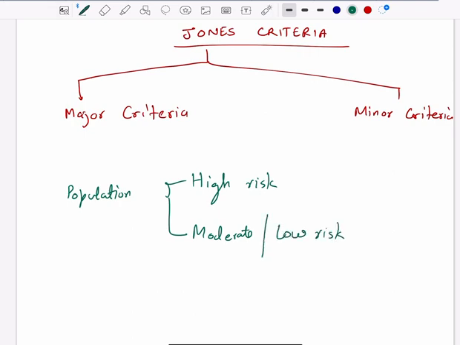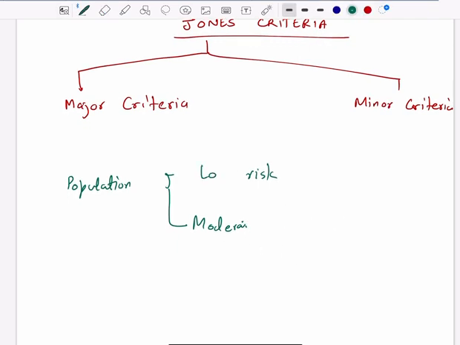It becomes very important when we are applying Jones criteria to a population: is it at low risk, or moderate or high risk?